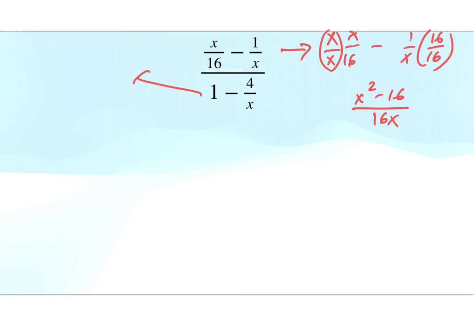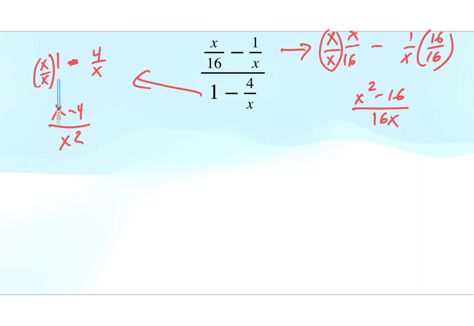Take this one over here. 1 minus 4 over x. The 1 needs to be multiplied by x over x, which will result in x minus 4 over x, because x times 1, that's a minus. Make sure it doesn't look like a multiply.